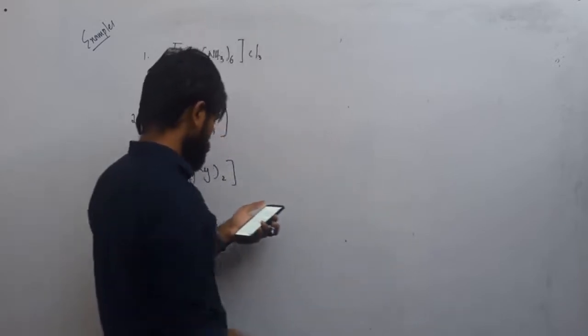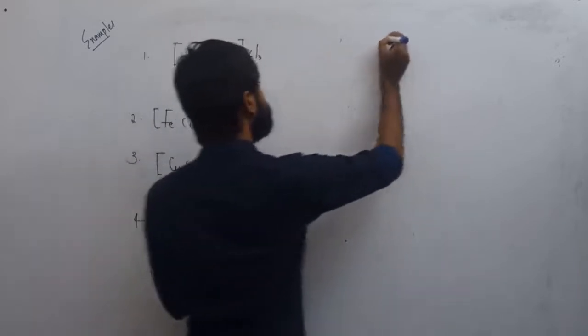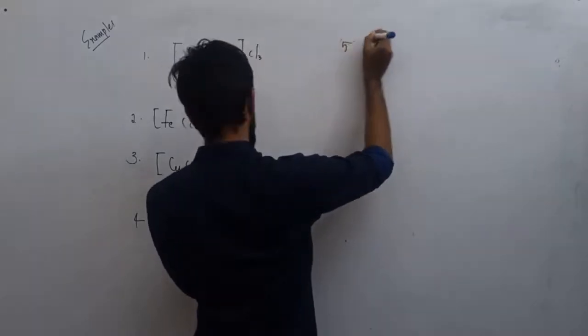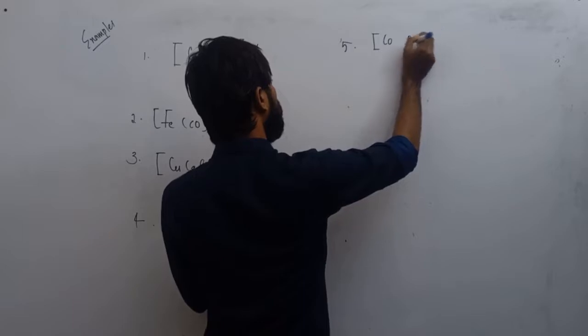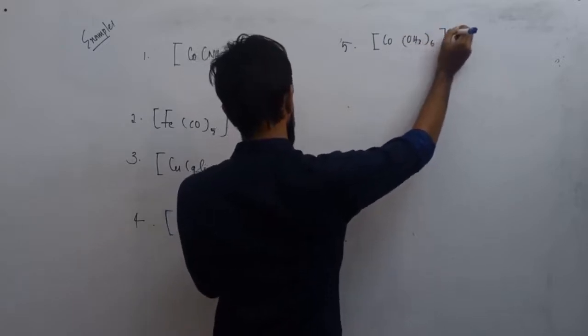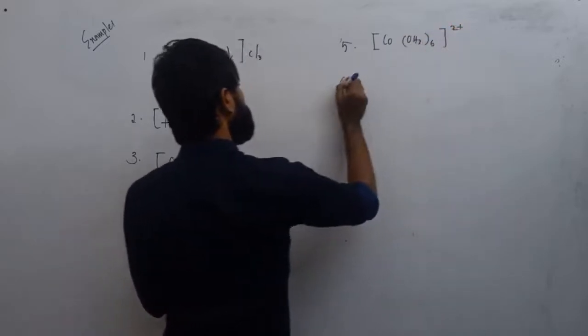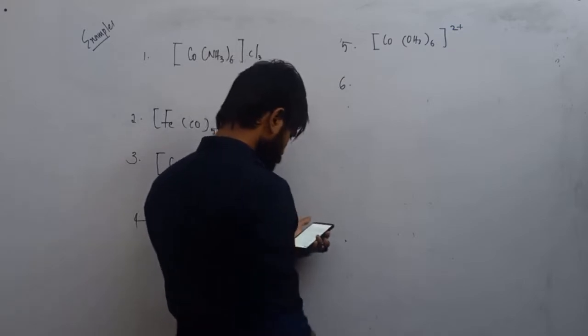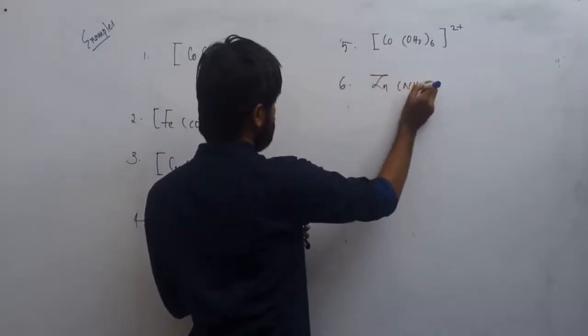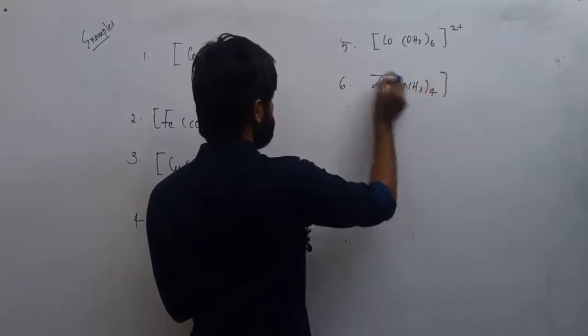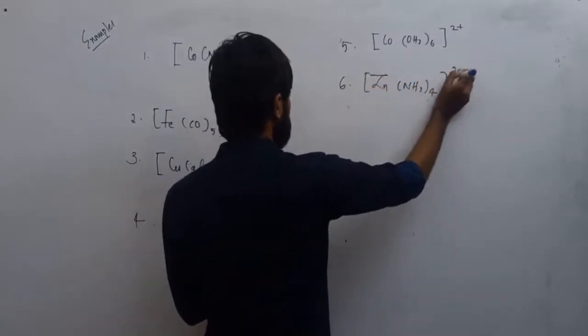Okay. The next one, CO OH2 6 times 2 plus. The next one, Zn NH3 4 times 2 plus.